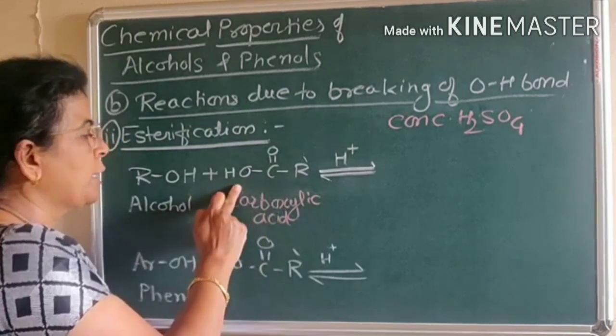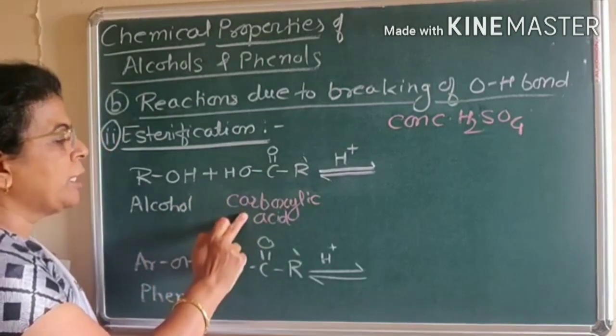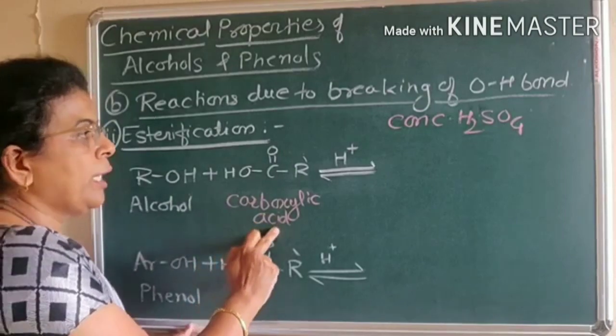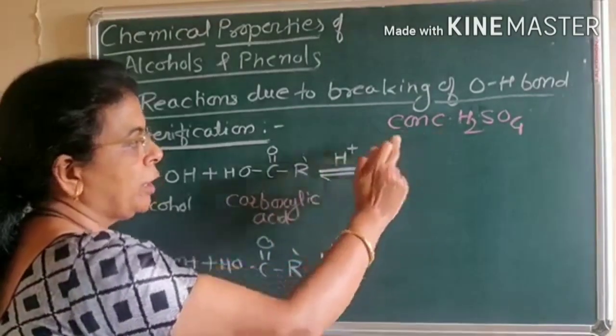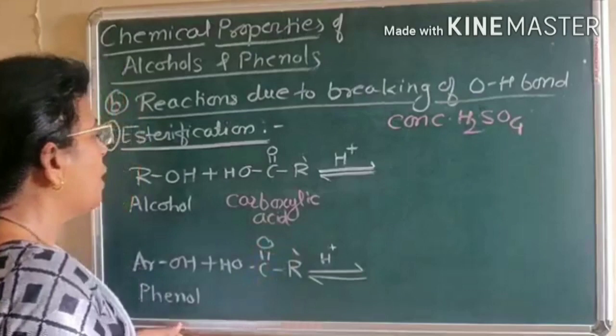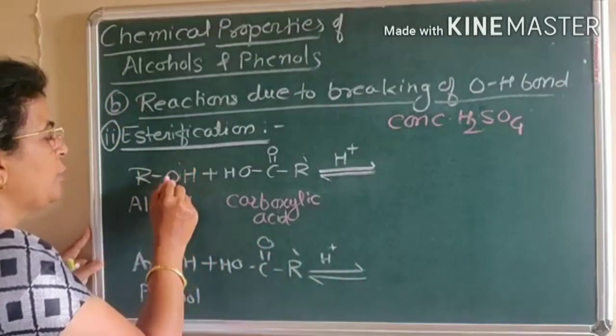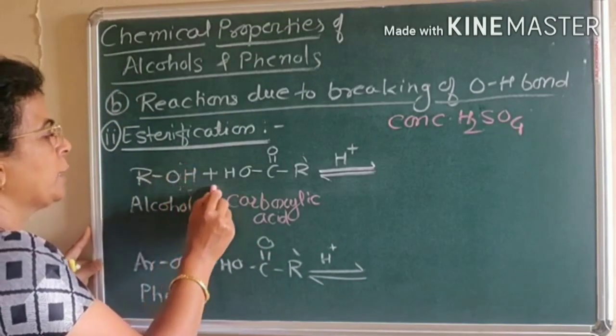Now this is carboxylic acid, and when this alcohol is reacted with this carboxylic acid in presence of concentrated H2SO4, then removal of H2O, that is breaking of this OH bond, takes place like this.